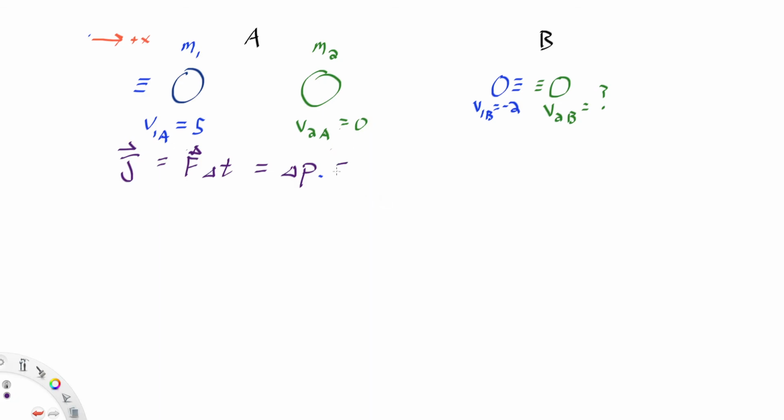So our change in momentum is 0. This is if we define our system as both marbles. So if both marbles are our system, contact forces cancel out, and there's not really any other forces to consider. So the two marble system put together does not experience a change in momentum. Individual marbles do, but the two marble system has the same momentum at A as it does at B.